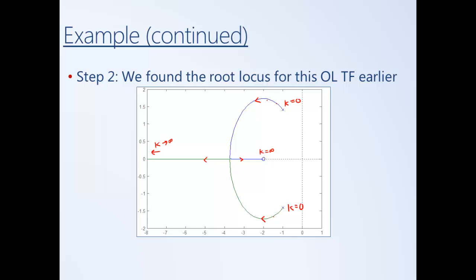When we draw the root locus, we also need to include the pole locations corresponding to our specification. So on the previous slide, we found that we wanted sigma to equal 3. And so take a second and think about what pole locations correspond to a sigma equal to 3.